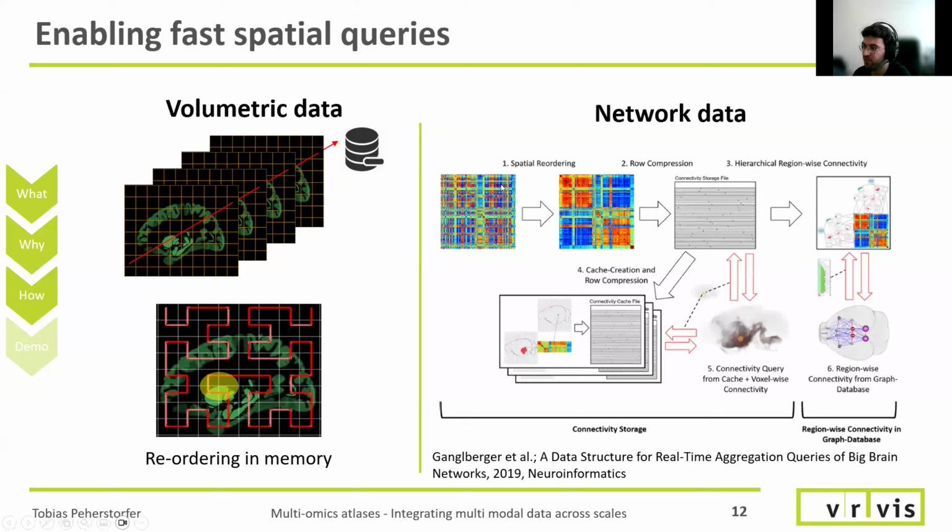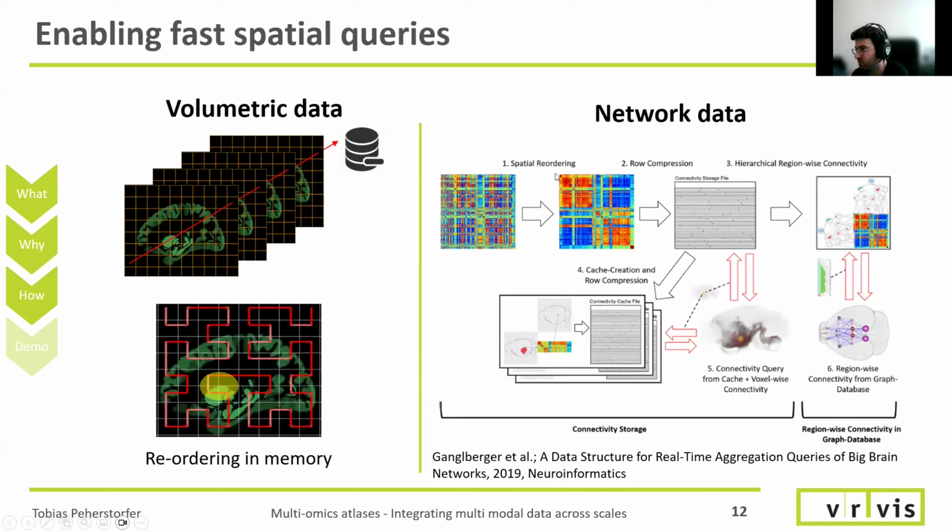On the upper left here, you can see a heat map of a connectivity matrix that is not ordered. It's a voxel level resolution. That means for each voxel in our image, we have one row and one column, and we see the connectivity between those. By just reordering it along such a space filling curve, we get to the second stage here, which already shows us that, okay, it's not that bad.